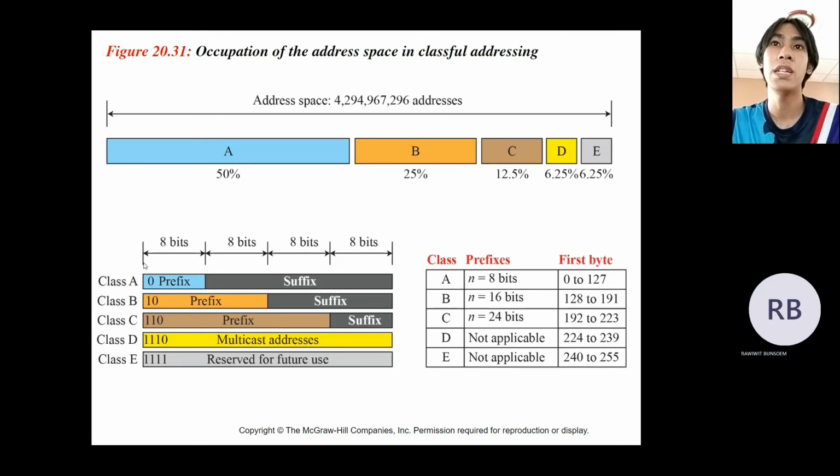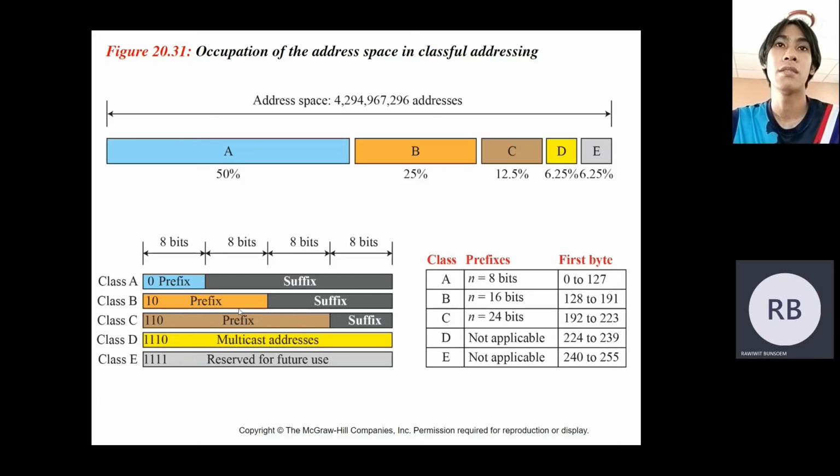Class A has prefix 0, class B has prefix 10, class C has prefix 110, and class D has prefix 1110 and is for multicast addresses. Class E has prefix 1111 and is reserved for future use.